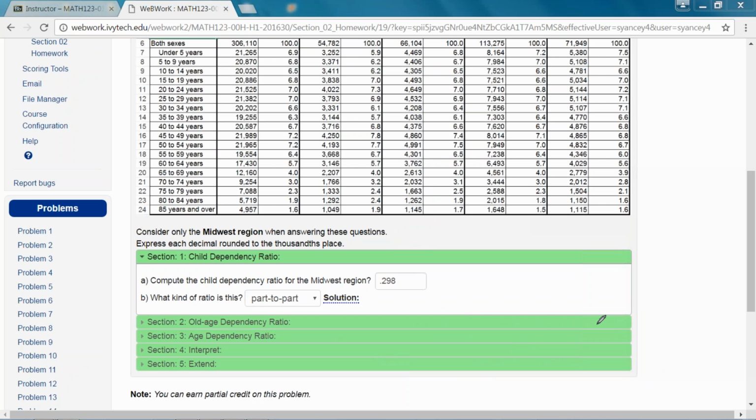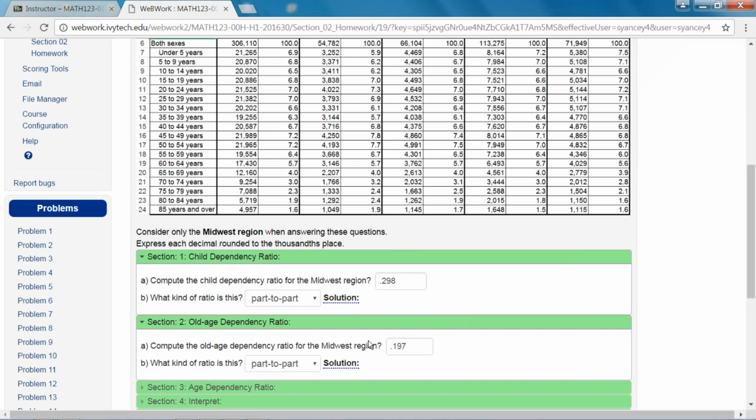Then when we do the old age, now we take those that are 65 and over, which is right here, with that down there.